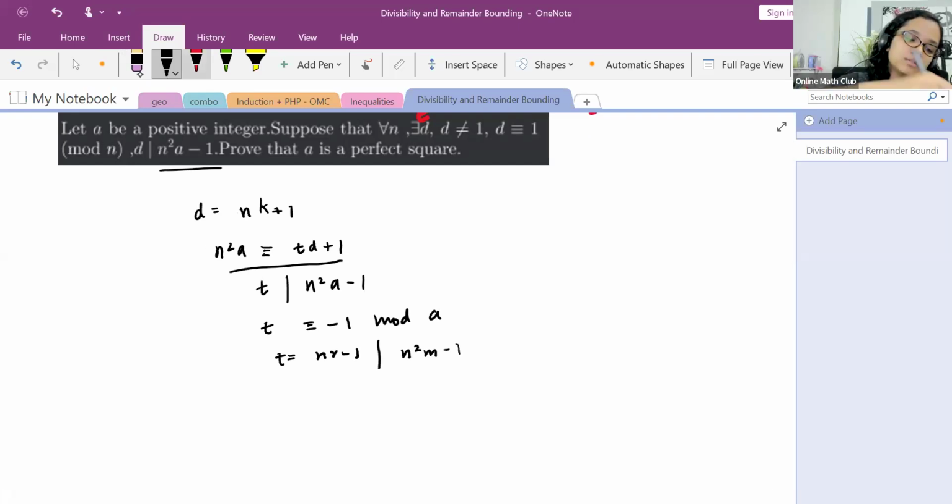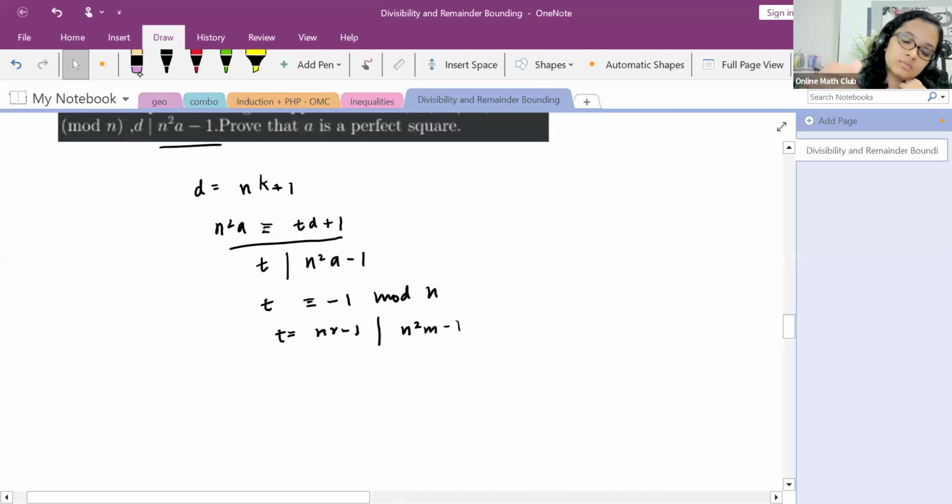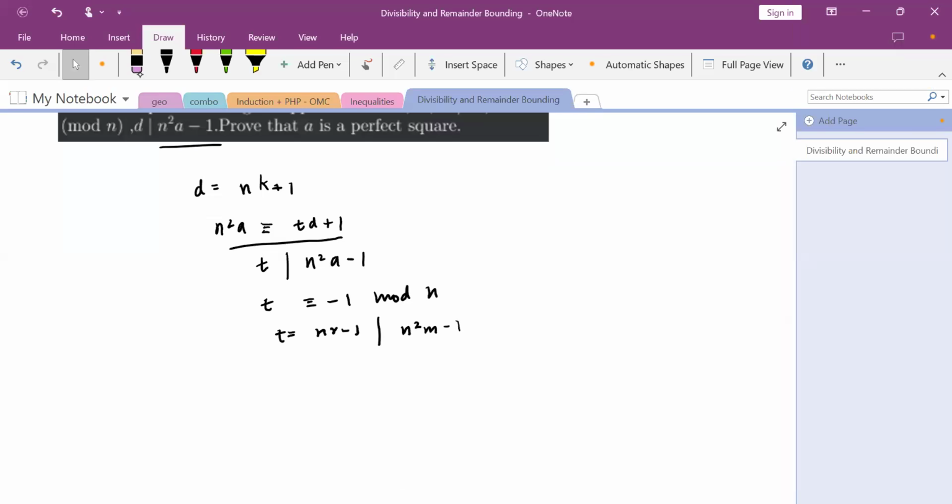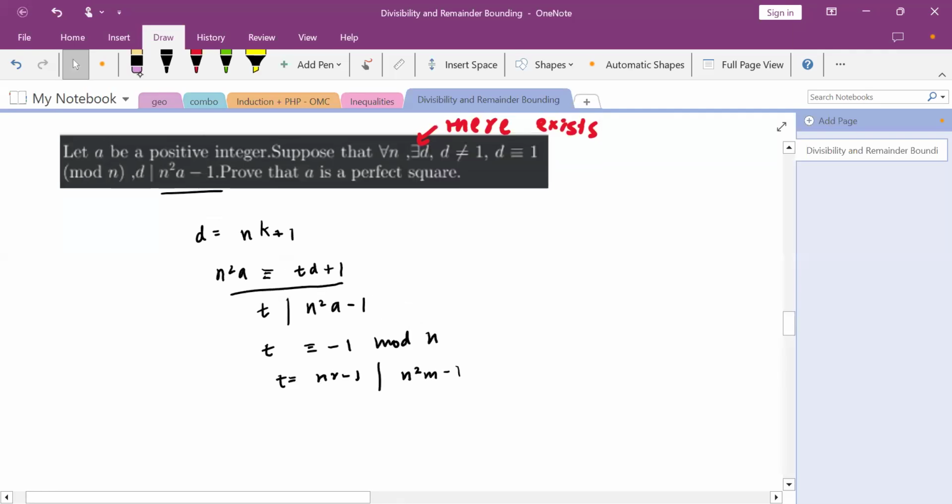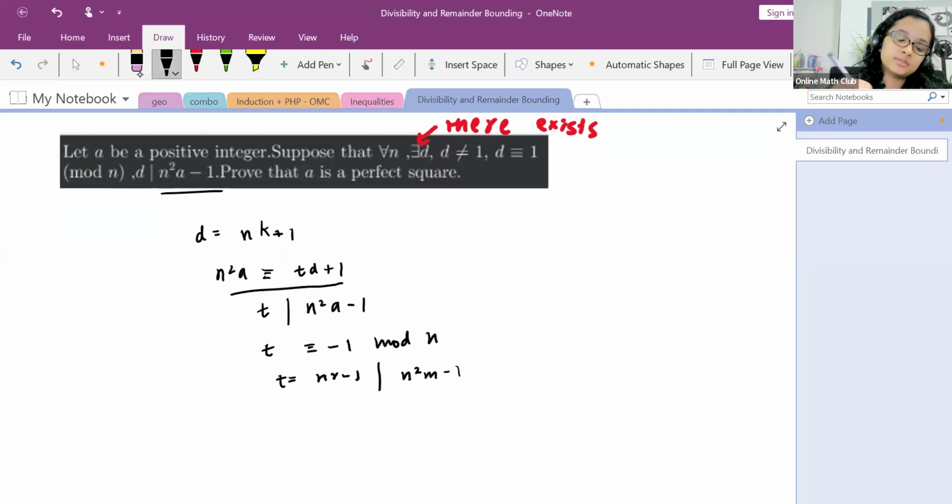Oh, you said N. Yeah, TD is minus 1 mod N square. Okay, but from this you cannot really say that.